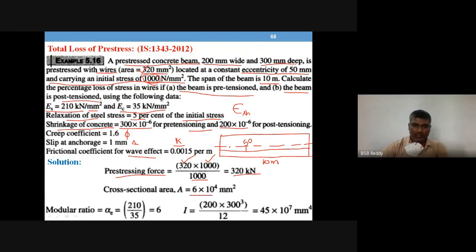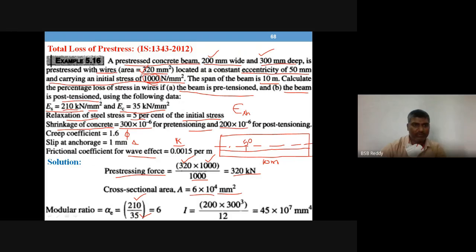And the cross-sectional area of concrete, 200 into 300, is 6 into 10 power 4 mm square.